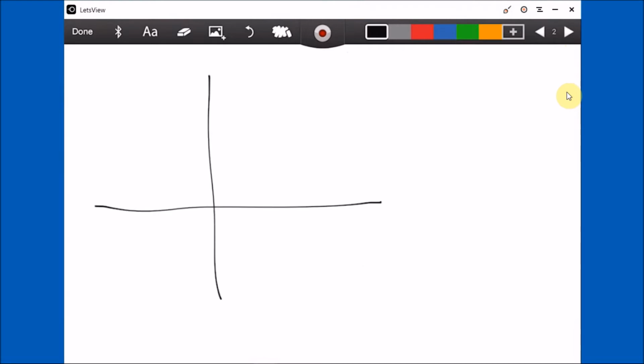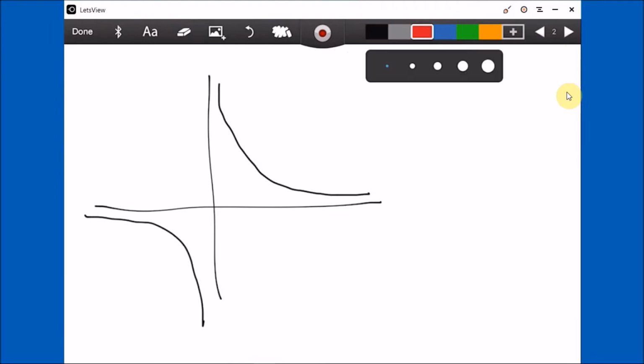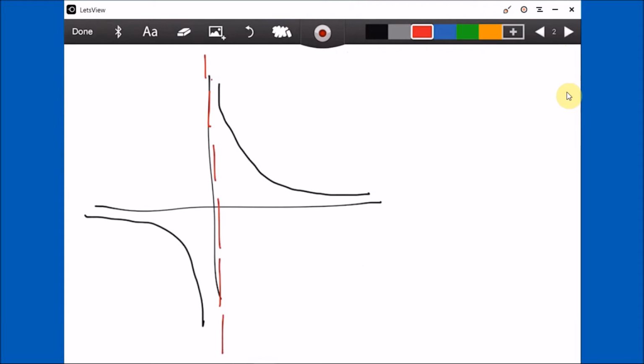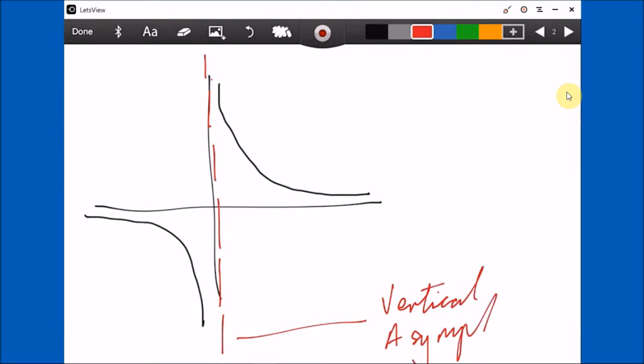As I said, we've got these, and it curves around like this. And so we've got these lines down the middle here. This one's called the vertical asymptote. And then we have this other one across here. This is rough, and this one would be the horizontal one.